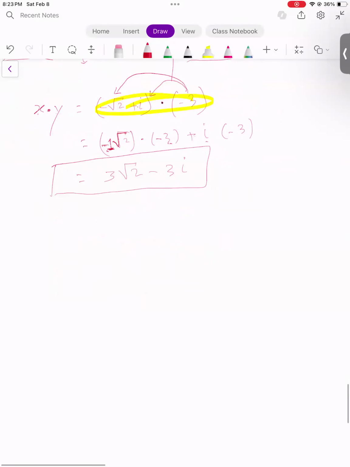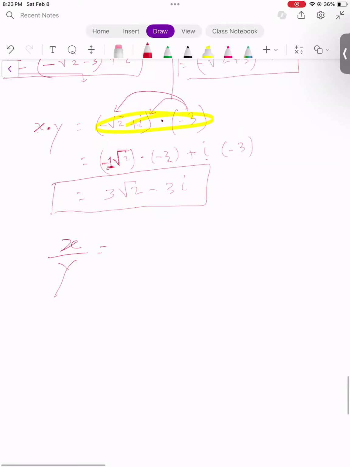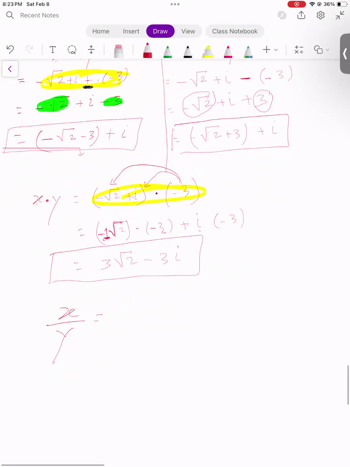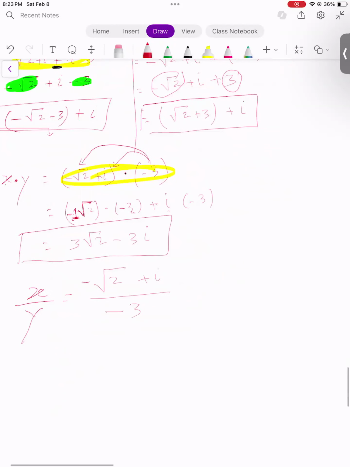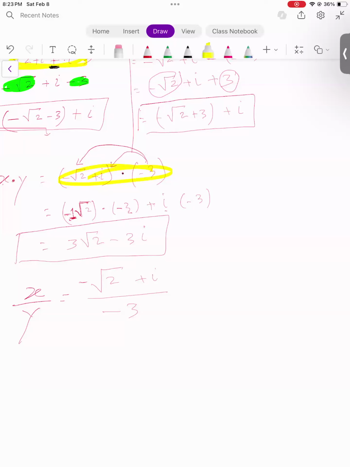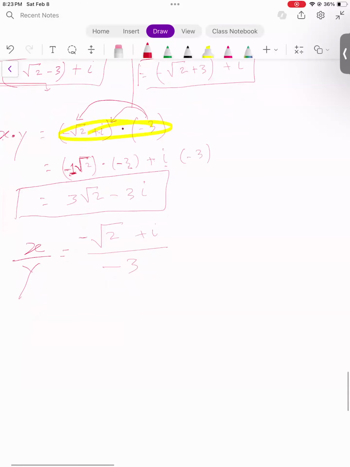Okay. The next we have x divided by y. You divide x, the complex number negative root 2 plus i, by y, which is negative 3. I think I will do one more of this division. Whenever you are dividing, you don't want a complex number in the denominator.